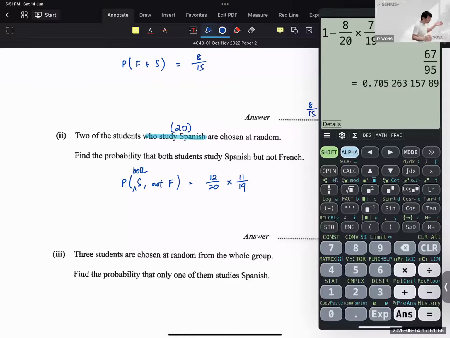So you can always check your probability two ways. This is 81 out of 95 if I do it by subtraction. 12 out of 20 times 11 out of 19.